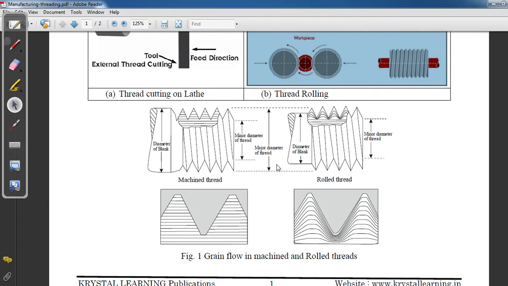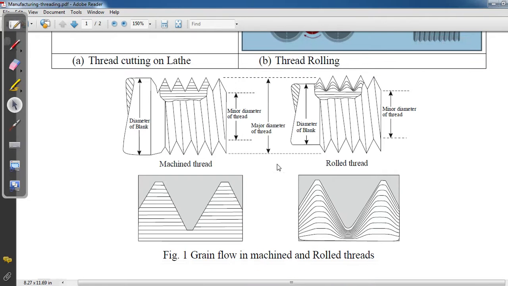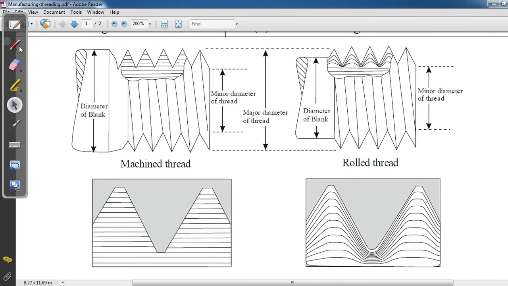Now let's see what is happening during this process. As you see in this figure, the first figure is the machined thread, made by cutting. Here we see the flow lines are being cut in the material, but here the flow lines are being compressed or concentrated at critical points. Here the flow lines are being concentrated, not cut. If you zoom into this figure, you can see the flow lines being cut here, and here the flow lines become dense at the critical parts.